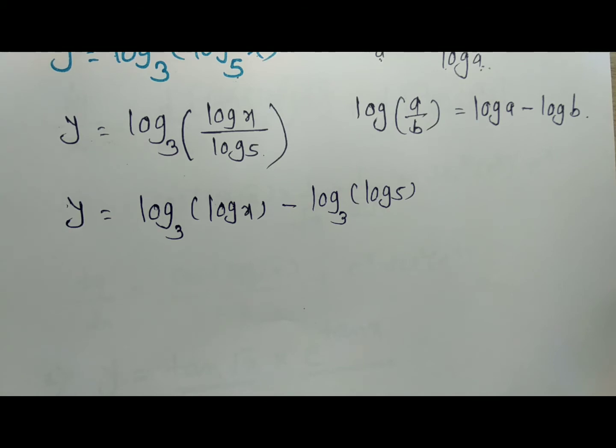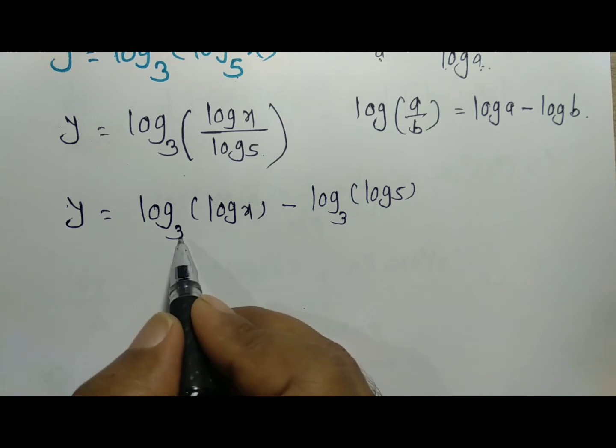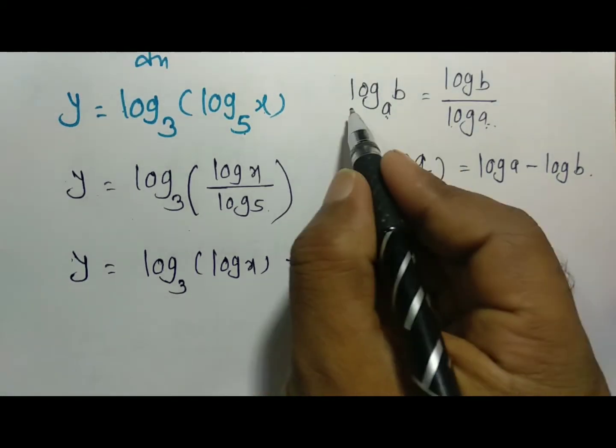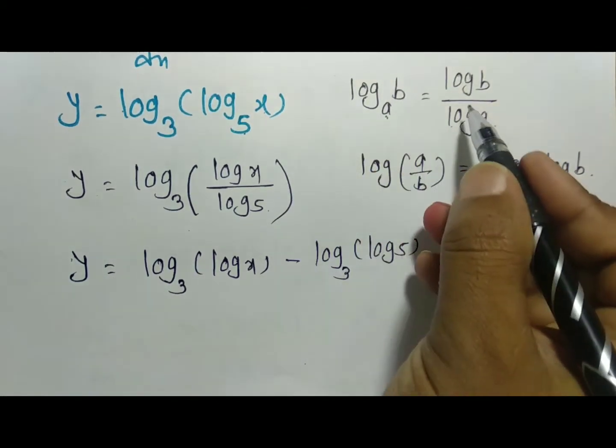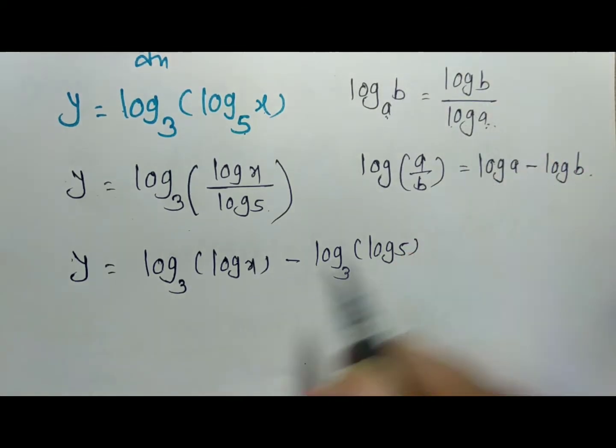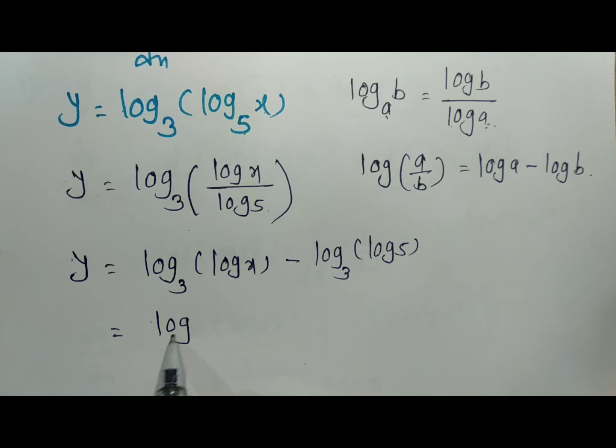Now you will get this equation, and once again here is the base. By using log to the base a of b equal to log b divided by log a, you will get log x and whole divided by log 3 here.